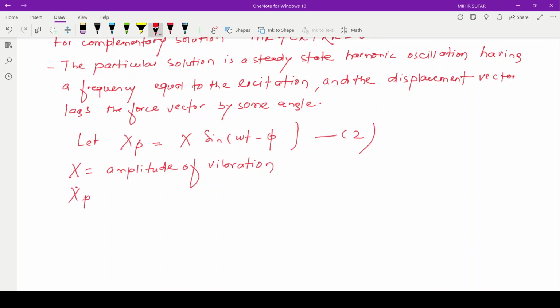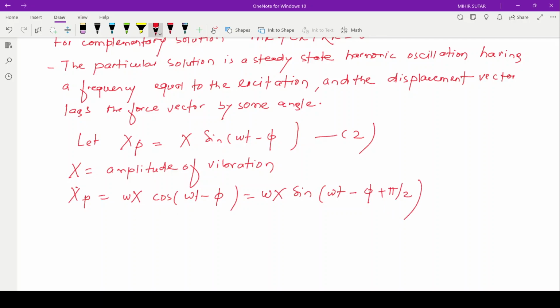So x dot p will be omega x cos omega t minus phi, which is also equal to omega x sin omega t minus phi plus pi by 2.